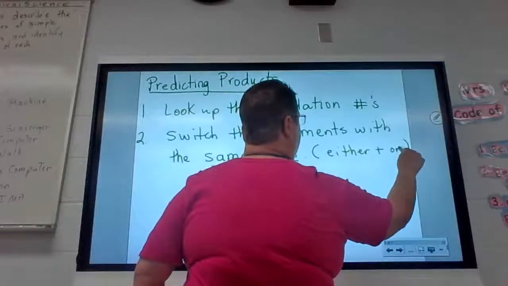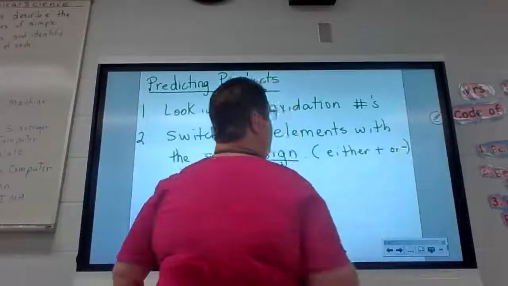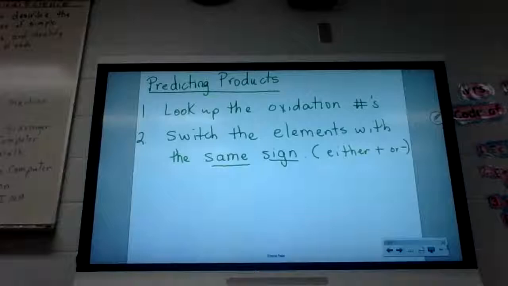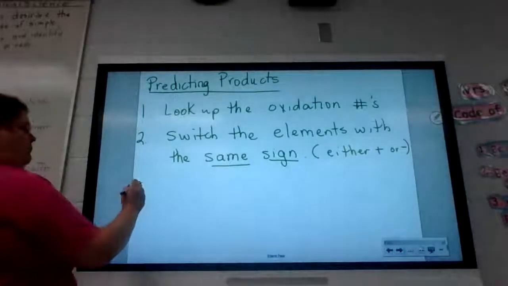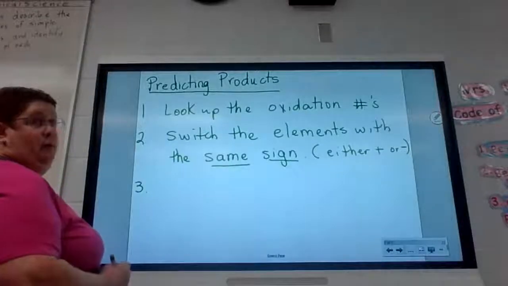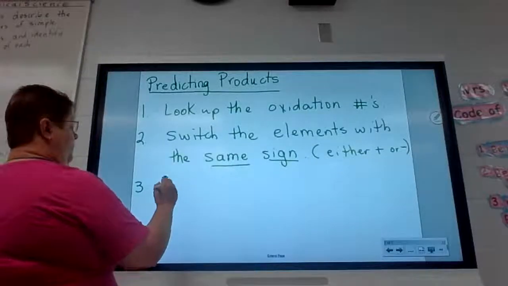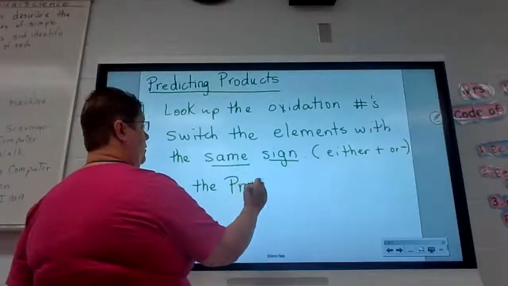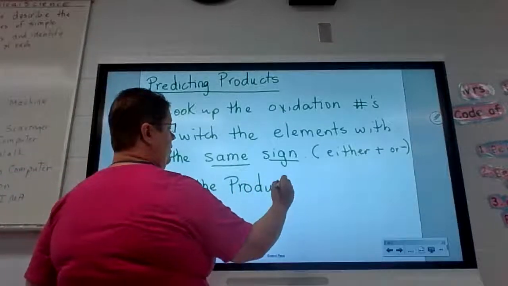You can't quite get the minus in there without it looking jacked up. All right? It'll either be the positive or the negative. Okay? The numbers don't matter. We're switching the elements with the same sign. Number 3.